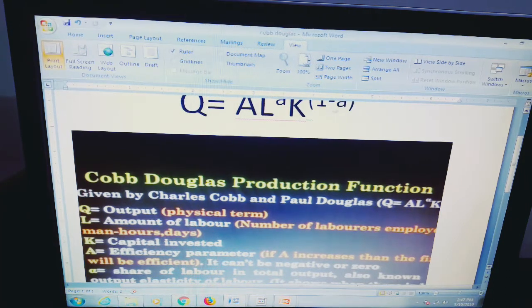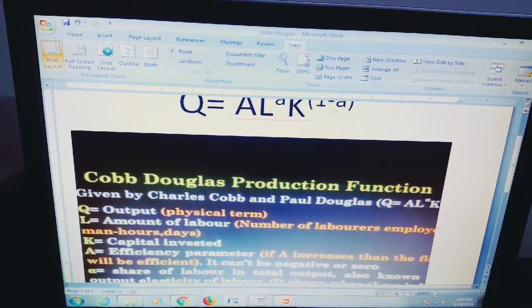It's sometimes called the efficiency parameter, and it's a constant. The capital A and the small a are both constants. If you have labor and capital and your efficiency is high, your quantity will also be high. If it's low, then your quantity produced will also be low.